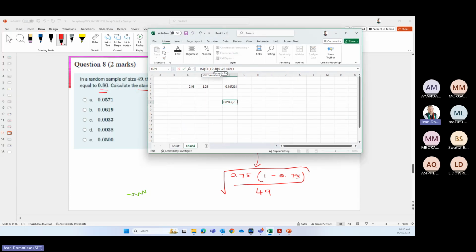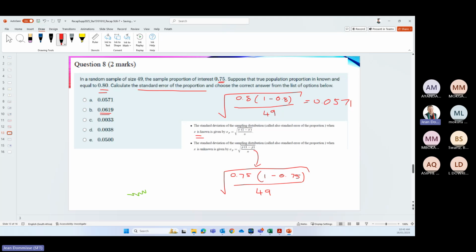So I'm just going to quickly change that in this formula. 0.0619 and see where it is. So if you read this, you used that, there is an answer for you.